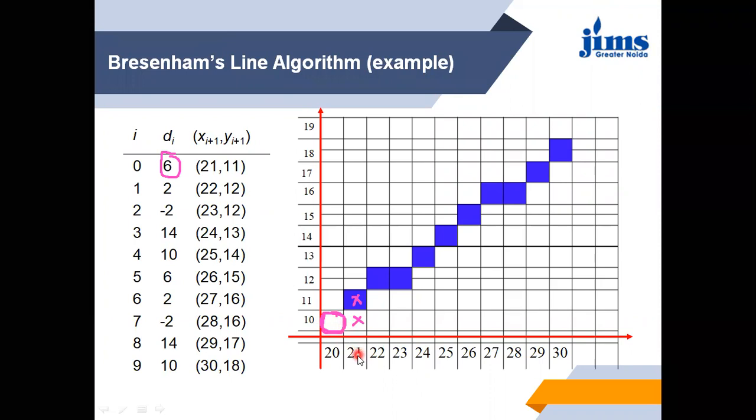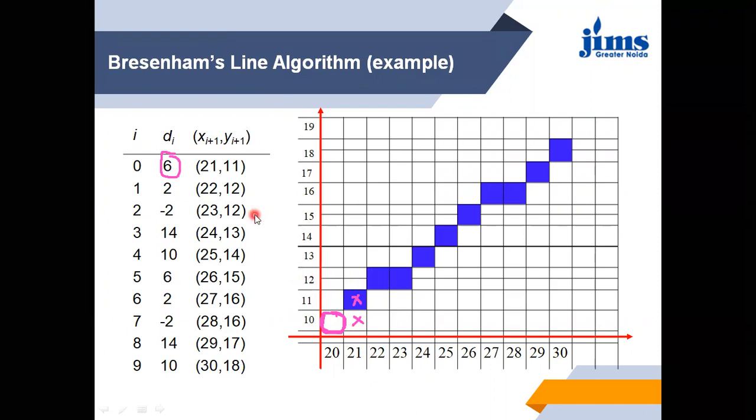So the next pixel is 21, and I have to find the value of y. So this is 11. When I increment x by 1, that is 21 plus 1 is 22, then I find the value of y.